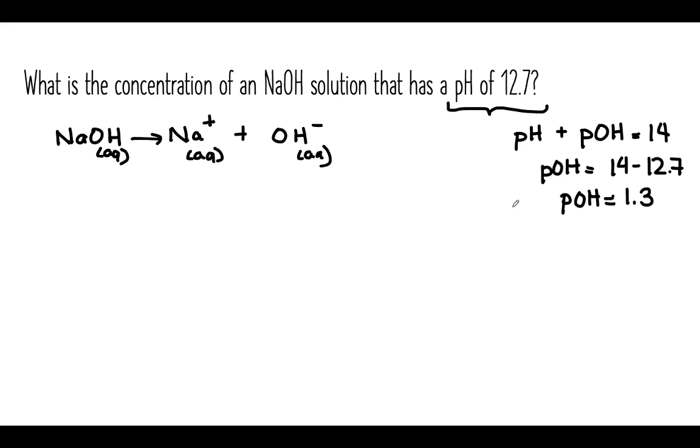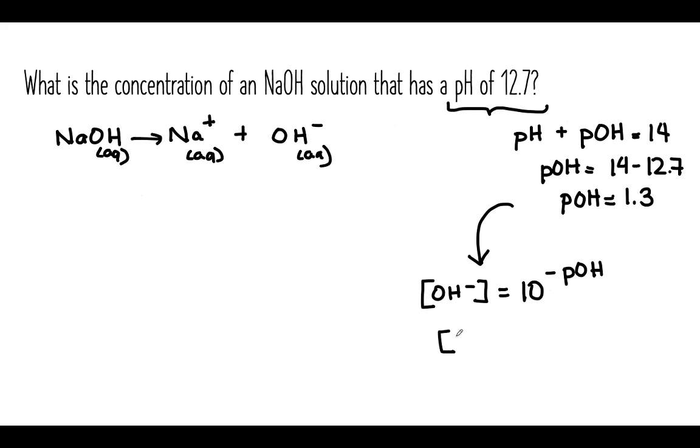So knowing the pOH can then help us find the concentration of OH minus. And the concentration of OH minus is equal to 10 to the power of negative pOH.